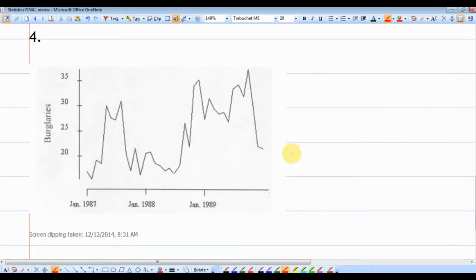So just to give you an idea, 1988 starts here and ends here. So basically we're just looking in this highlighted region. Where do we have the most burglaries? Around the end. Yeah, it's basically that huge peak, right?